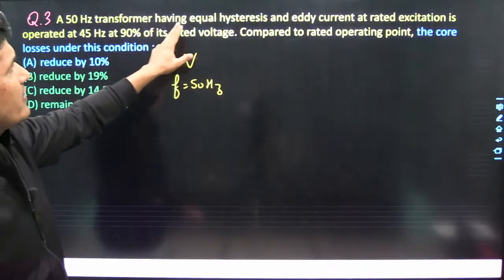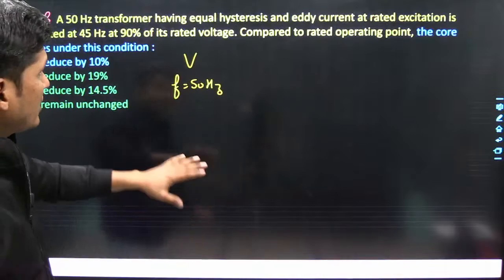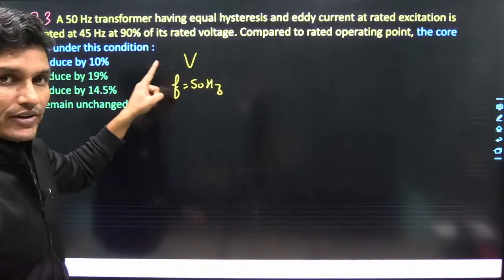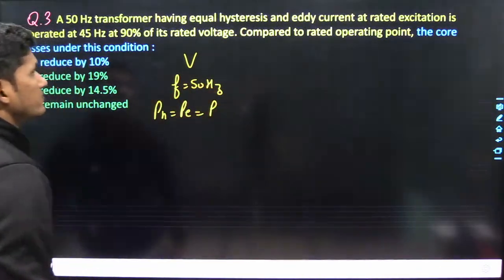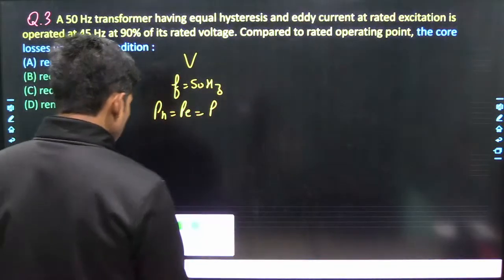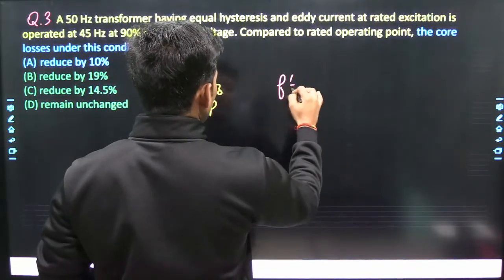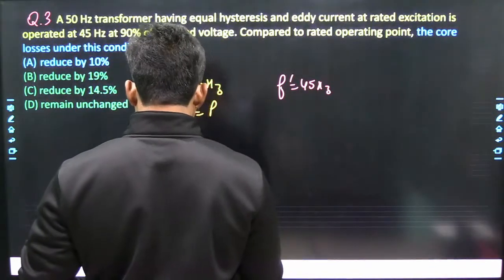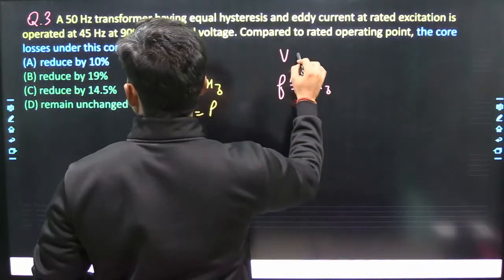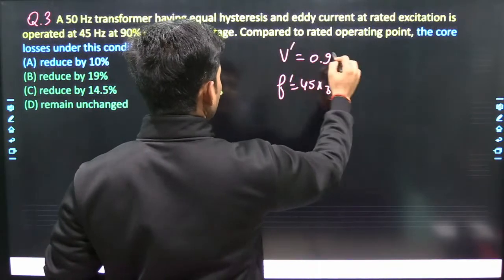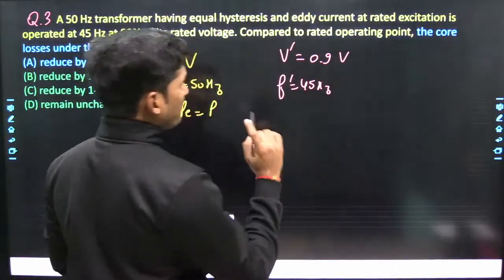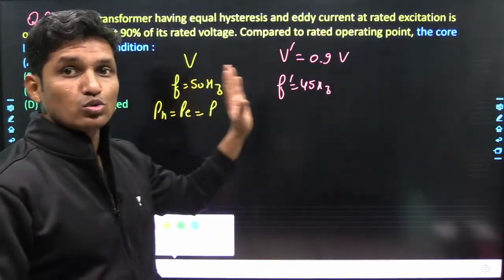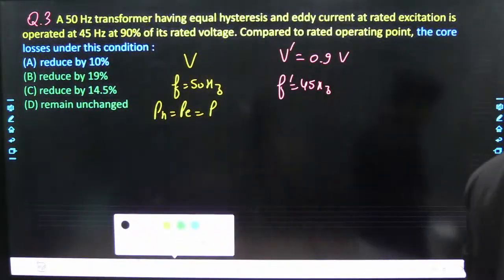The 50 Hz transformer has equal hysteresis and eddy current losses at rated excitation, that means when rated voltage V and rated frequency 50 Hz are provided, the hysteresis loss equals the eddy current loss equals P. It is operated at 45 Hz, that means f dash equal to 45 Hz, and voltage is 90% of the rated, V dash equal to 0.9 V. Compared to the rated operating point, they are asking about the percentage change in the core losses from the rated condition to this given condition.